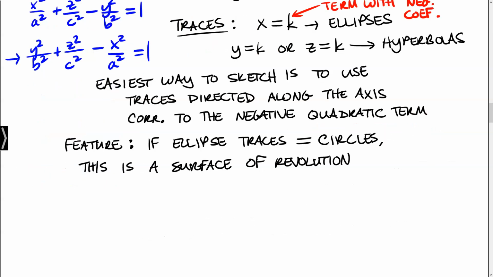The way you get this surface of revolution is you take one of the branches of the hyperbola. You don't take the entire hyperbola. You just take one piece of the hyperbola, and if you revolve that around the axis, that generates this surface.